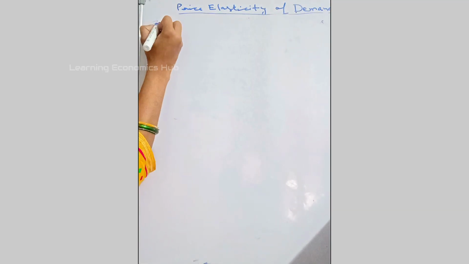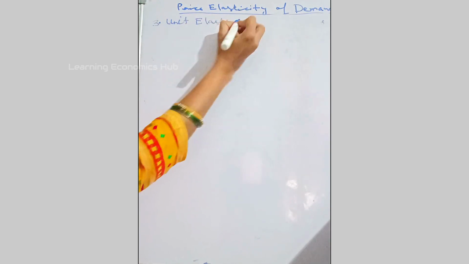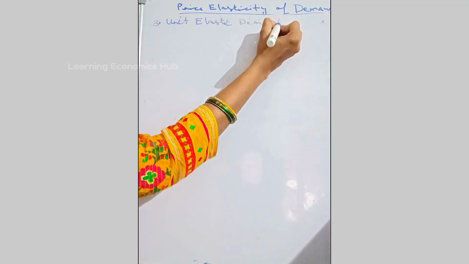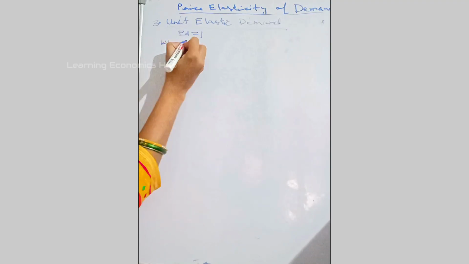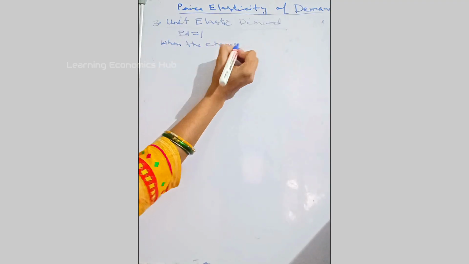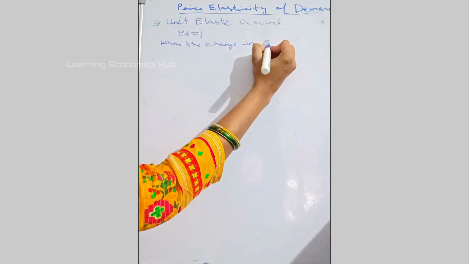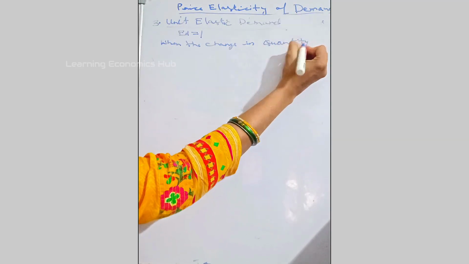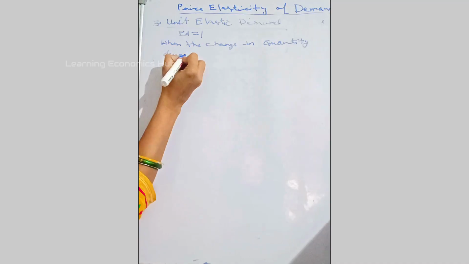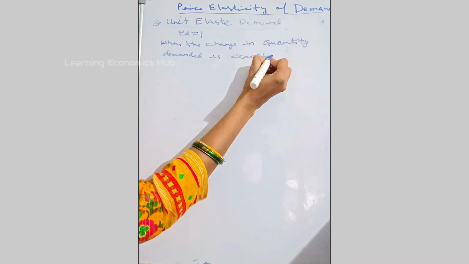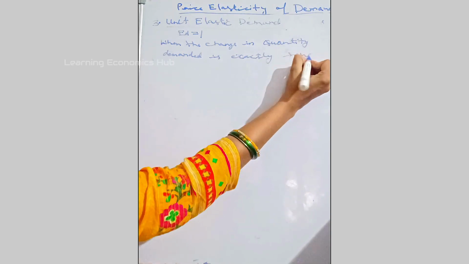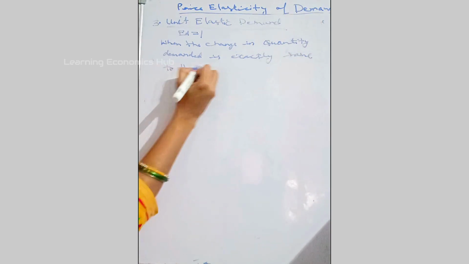The third type of price elasticity of demand is unit elastic demand. ED is equal to 1. When the change in quantity demanded is exactly the same as the change in price.